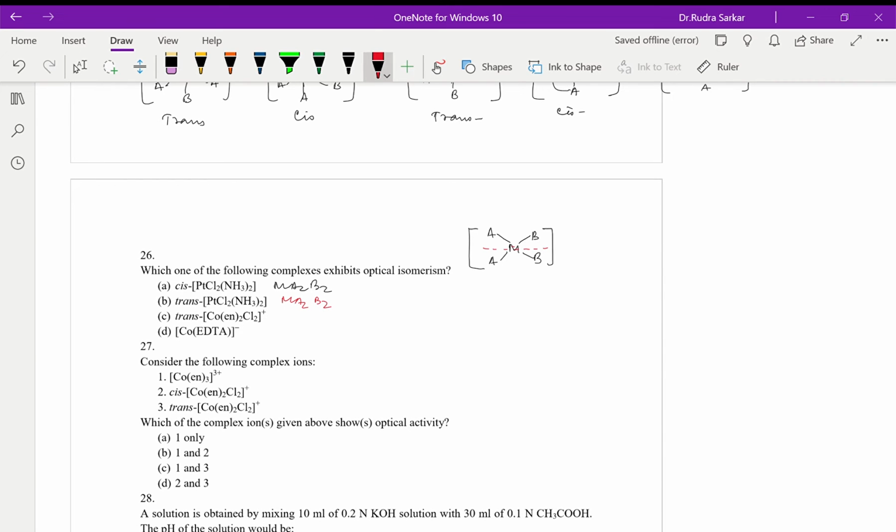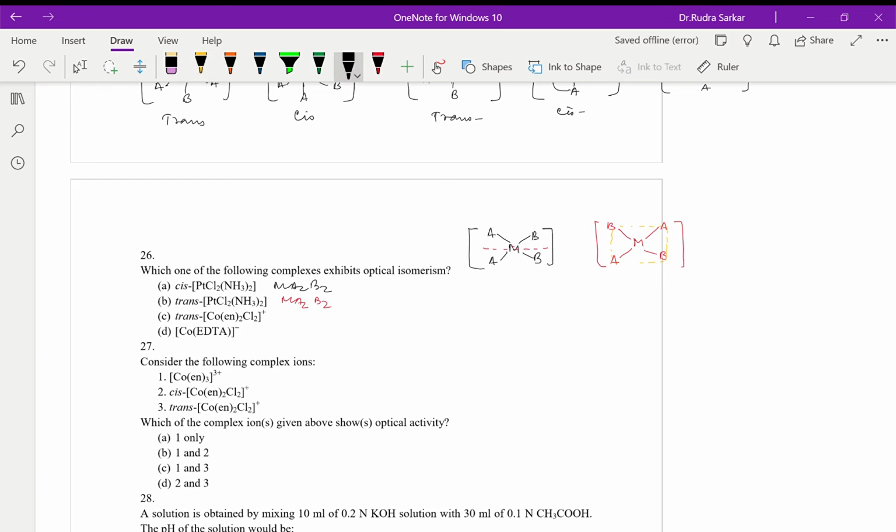They are saying it is trans, so let's draw it. Here the two similar donor atoms are at an angle of 180, but if we consider the square plane, one can think of a sigma plane through the square plane, and that will cut the donor atoms into two equal halves, because each donor atom behaves like a spherical atom. So this also will not show any optical activity.